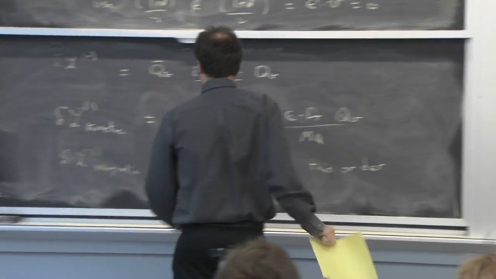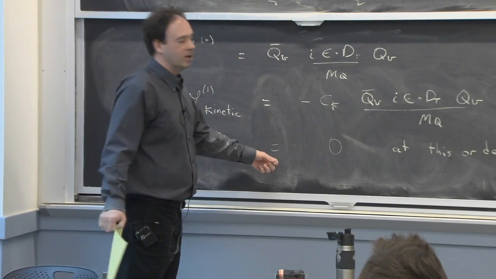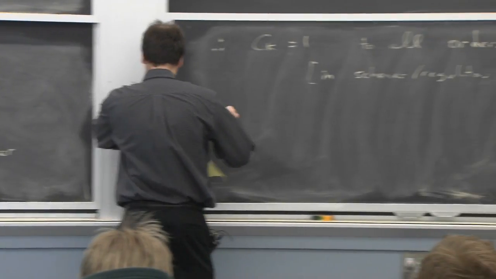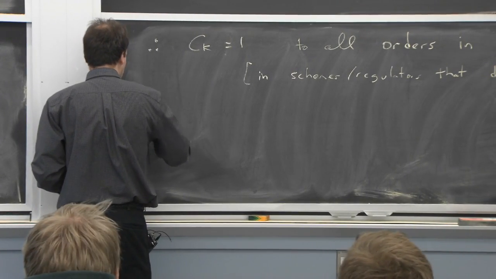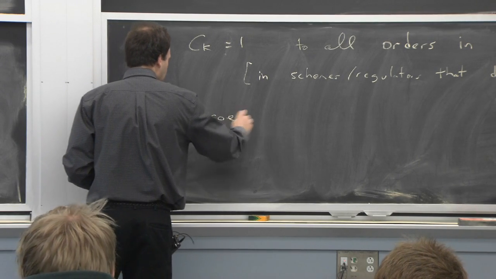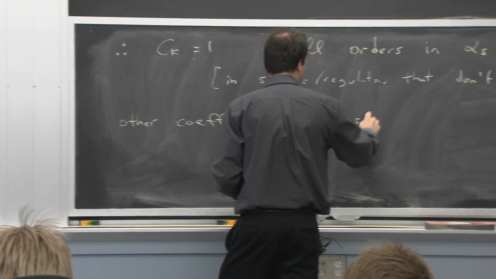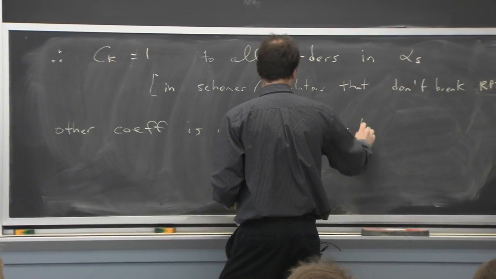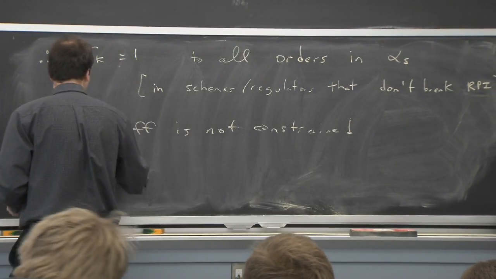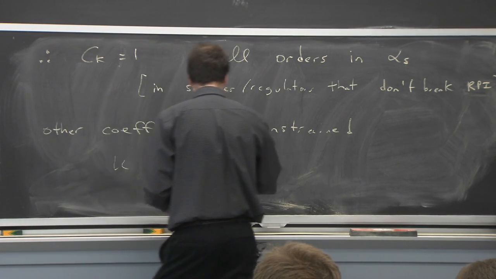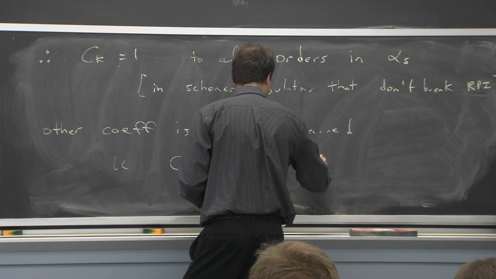The other guy, which we've called CF, you do have to figure out because it wasn't constrained. And at lowest order, the other coefficient is not constrained in this way. And so it does get an anomalous dimension. And so we could calculate it. It's a good homework problem. You may see it on a future homework set.